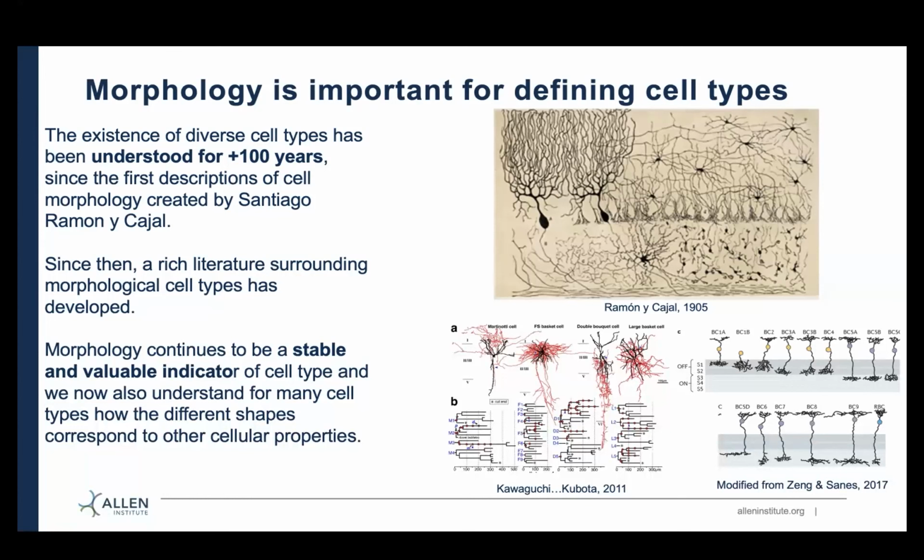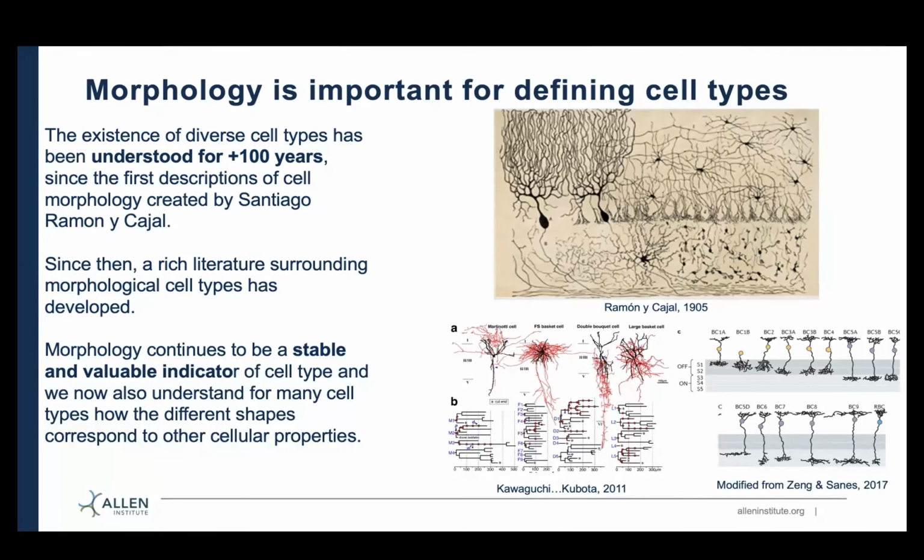Since then, a rich literature has evolved surrounding morphological cell types, and some examples of that are also shown here below for cortical inhibitory neurons on the left, and bipolar retinal neurons on the right.